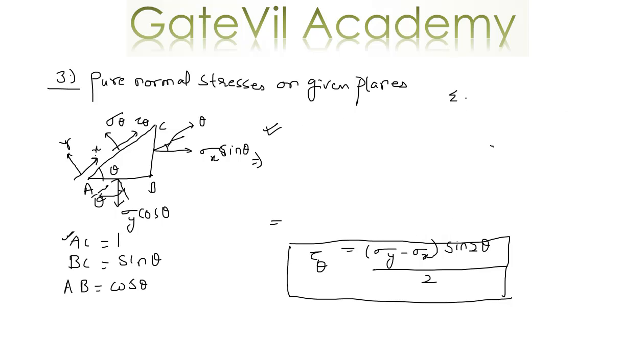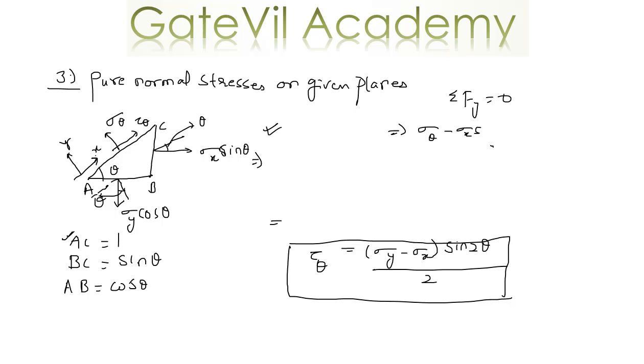Now let's do summation Fy equal to 0. In the y direction, we have sigma theta multiplied by its own area, which is 1. Then we have a component of sigma x sine theta multiplied by sine theta, but it's in the opposite direction of sigma theta, which means it will have a negative sign.